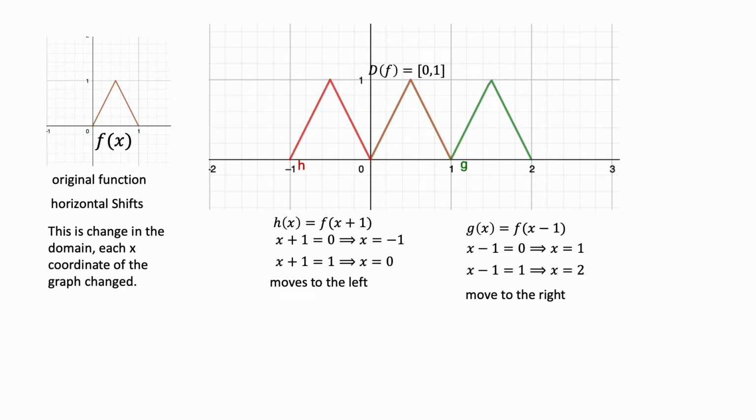So I take 0, solve it, and it moves to the right 1 unit. And if I take x minus 1, set equal to 1, I go to 2. So again, any x value on that brown one, if I set it equal to x minus 1, it shifts it 1 whole unit to the right.